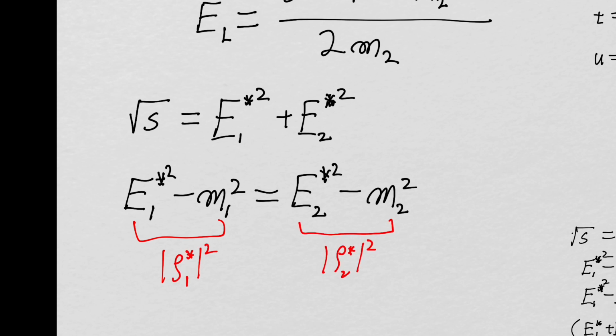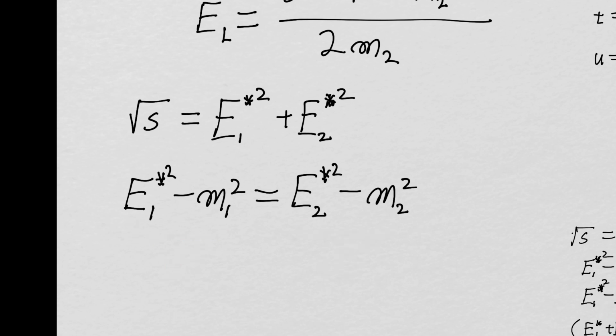These are the magnitudes of the first particle's three-momentum and the second particle's. But because you're in the center of mass frame, these two numbers as magnitudes should be equal. The momenta themselves as vectors would be opposite, but as magnitude squares, they're going to be equal.